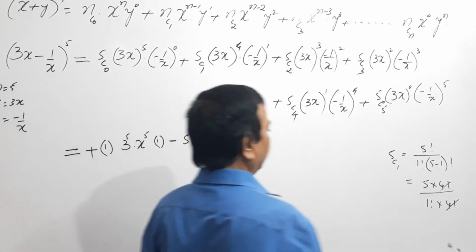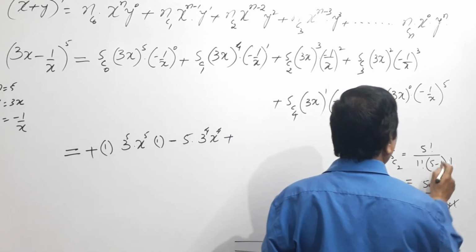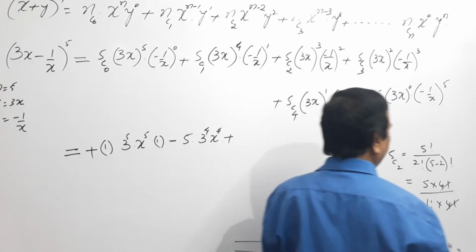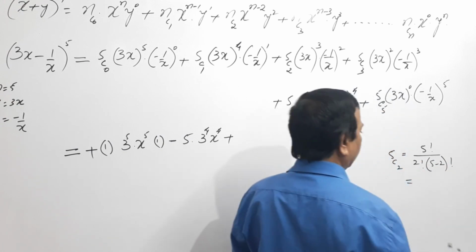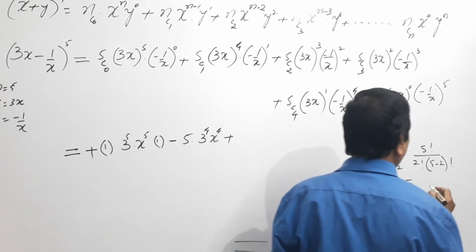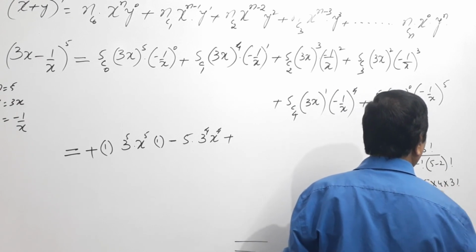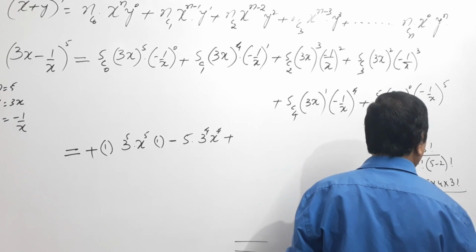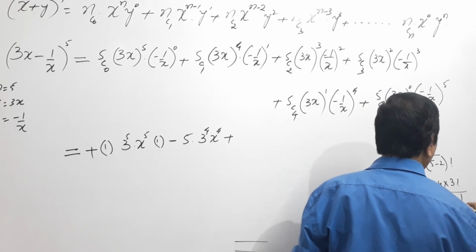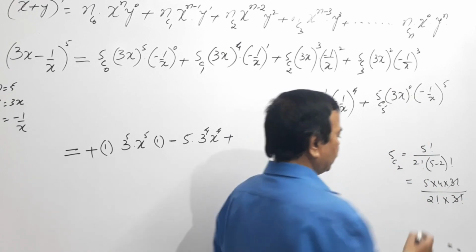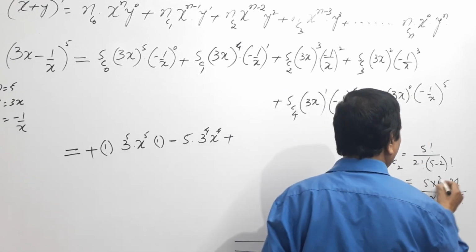This is 5c2. Let us find out what 5c2 is. 5c2 is nothing but 5 factorial by 2 factorial into 5 minus 2, that is 3 factorial. 5 into 4 into 3 factorial by 2 factorial into 3 factorial. This cancels. 2 factorial is nothing but 2 itself. This 2 goes 2 times.